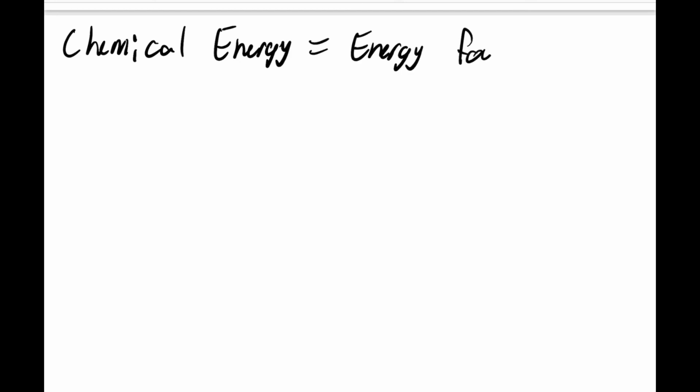Next is chemical energy. Chemical energy is the energy found in chemical bonds, or in other words, the bonds between atoms in a molecule. The chemical bonds of a substance.